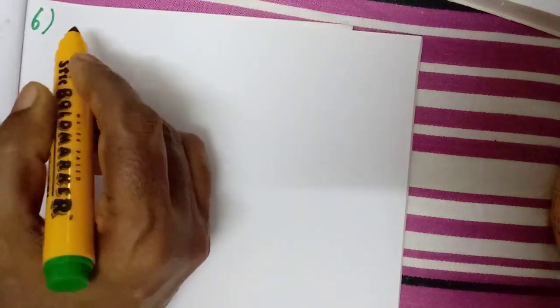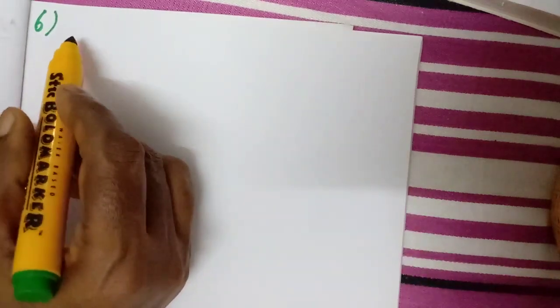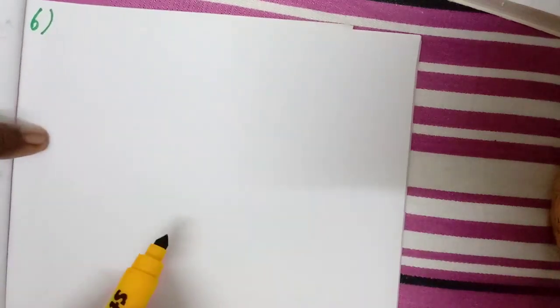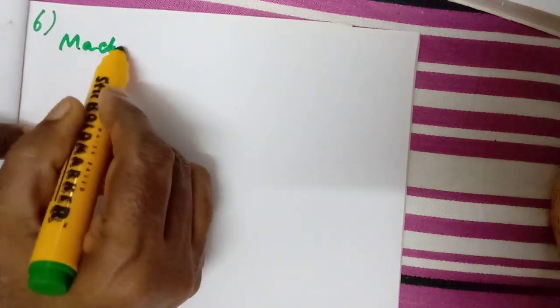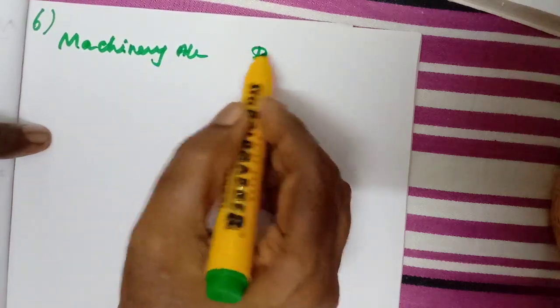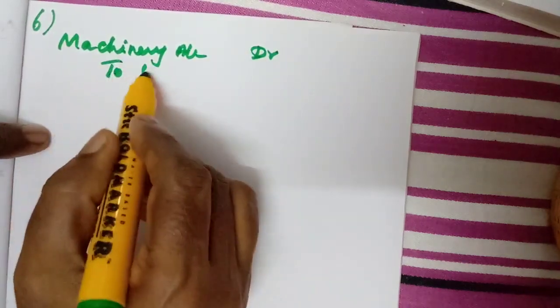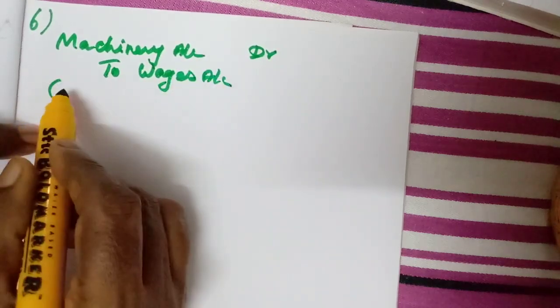If it affects two accounts, we have to write the rectifying journal entry. Draw 5 columns and write. Machinery account debtor to wages account. Then you have to write the narration also.